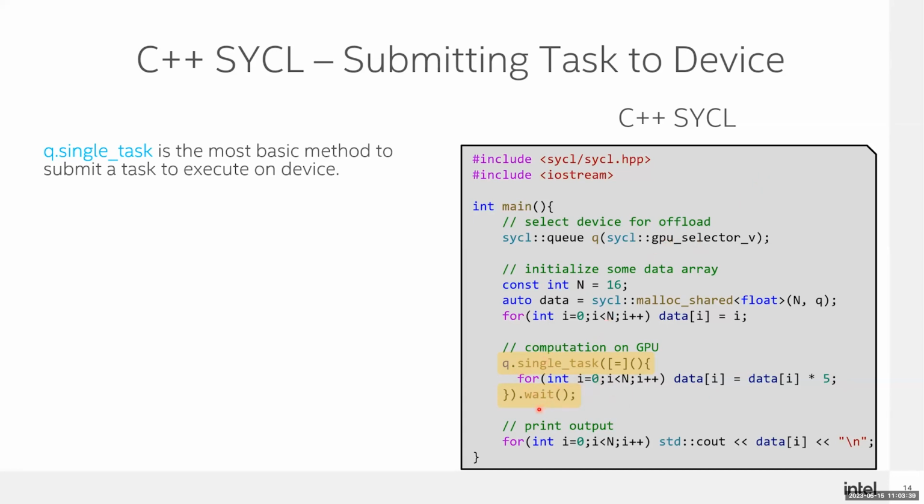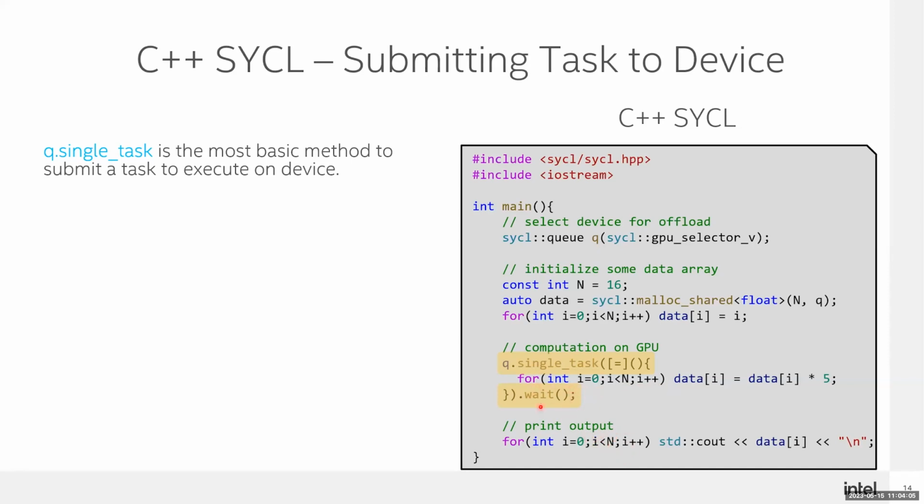And at the end of it, you can see that we are using something called a wait method. This is mainly because when you have computations on two different devices, the computation happens asynchronously. So you have to wait until the computation is complete, because the host is waiting until the computation on the GPU is complete, and only then can you print out the result.